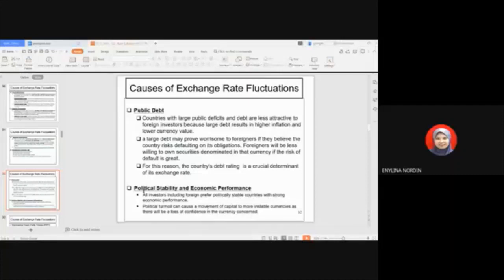So this political turmoil will make foreigners lose confidence in the country's currency.